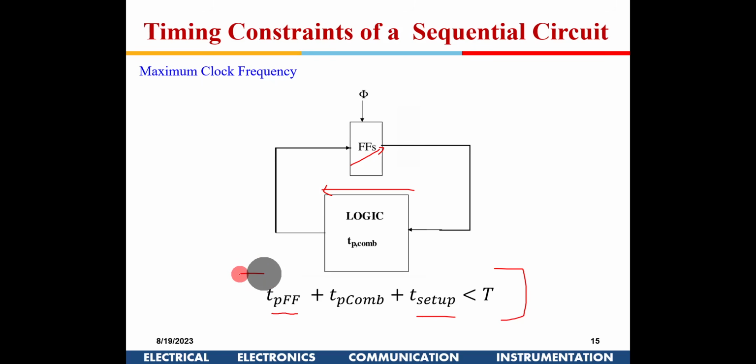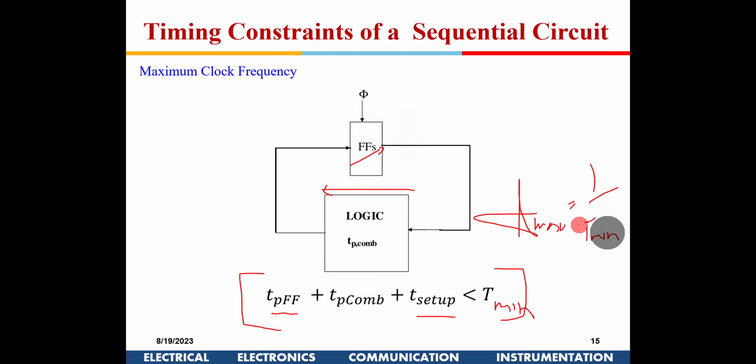This is the minimum time, known as T minimum. So F max will be 1 by T minimum. Is this okay with all of you till here?